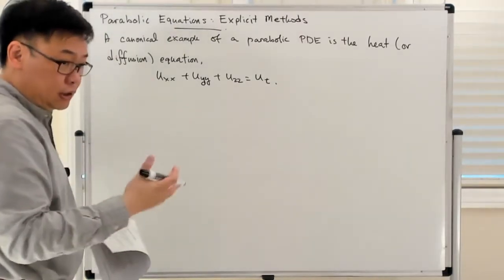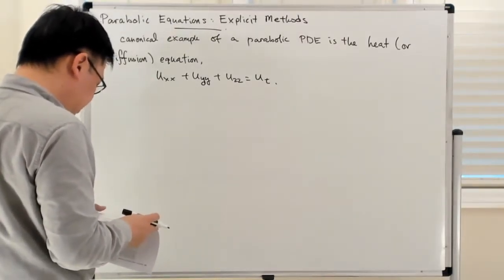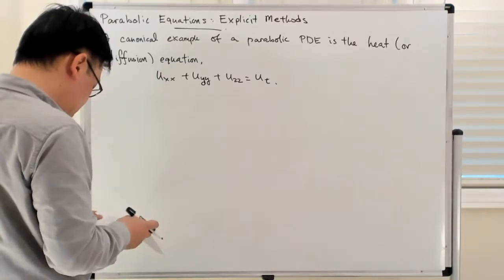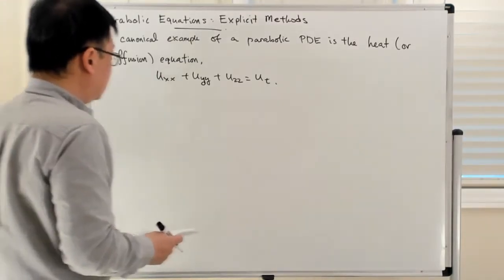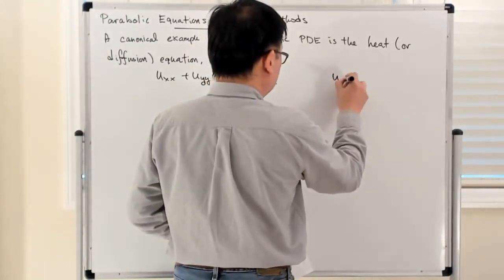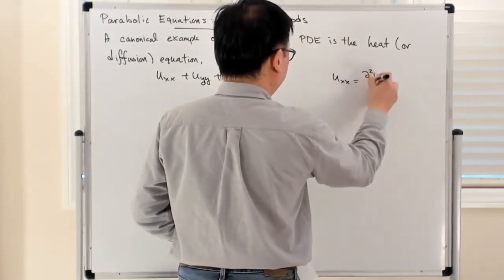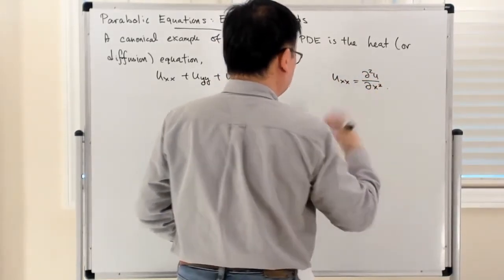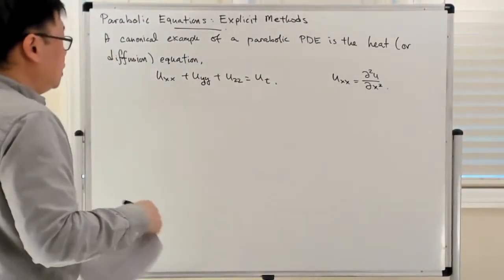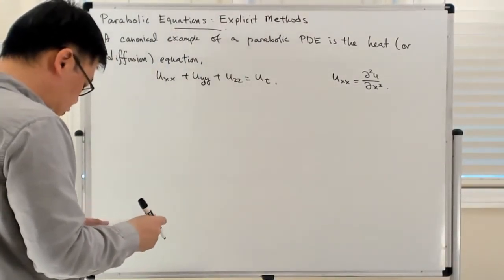This is in 3 dimensions. We had previously talked about it just in 1D. It's understood that u_xx is the second partial derivative of u with respect to x, and so on.